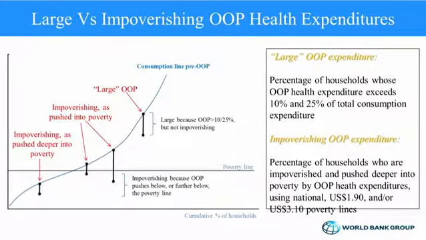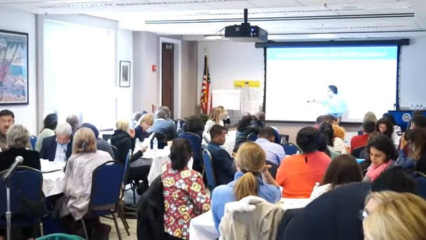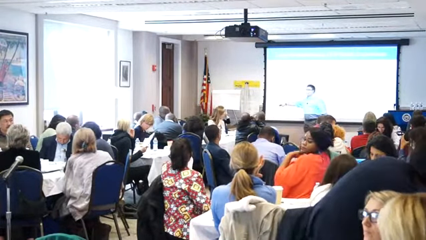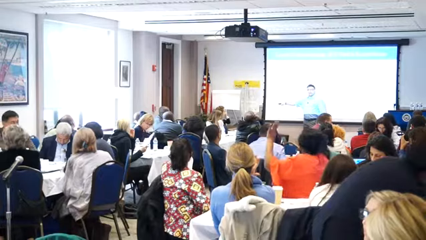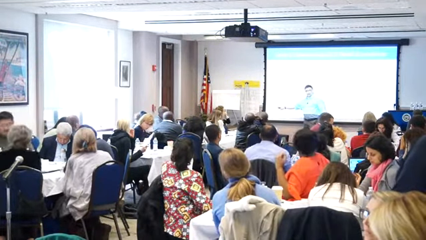And also the percentage of households who are pushed below the poverty line. Let me try to explain this. This is basically showing the distribution of households in an economy, increasing in terms of their wealth. This is the poverty line. So if you're a household here, below the poverty line, and face a health shock and have to pay out of pocket, you're pushed deeper into poverty.